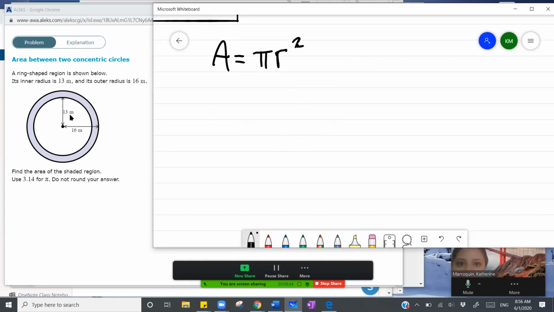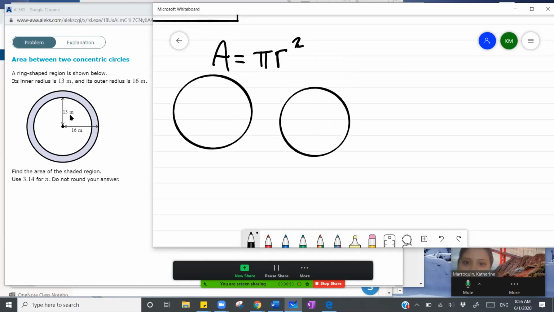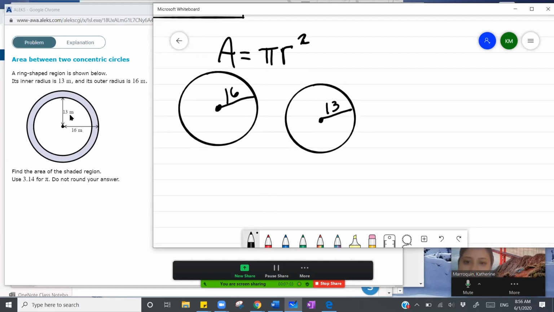So we have two circles, a large circle and then a smaller circle within it, right? This first circle has a radius of 16 meters and this smaller circle has a radius of 13 meters. So for this first one, we're going to have pi, which is 3.14, times the radius, which is 16, and then times the radius again.